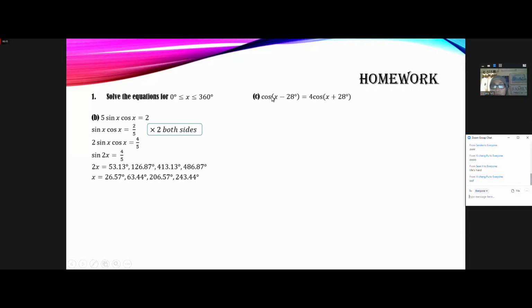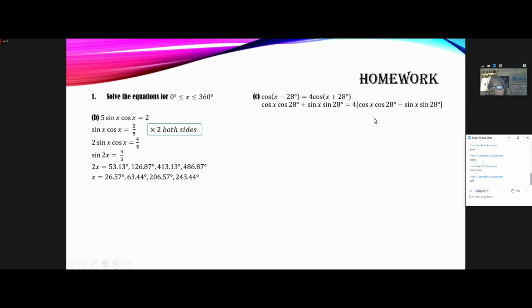So this is the addition formula. For cos(x minus 28) it will be cos x cos 28 plus sin x sin 28. Okay, plus in the middle. And cos(x plus 28) is cos x cos 28 minus sin x sin 28.